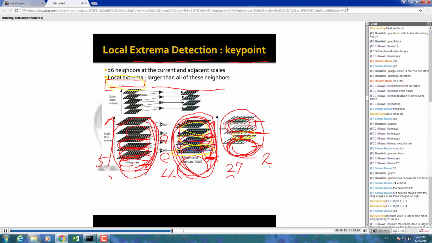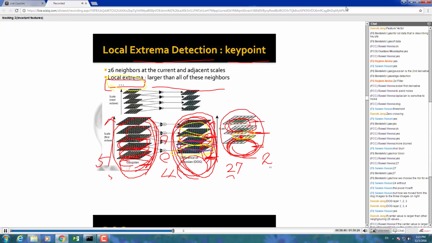Isn't that a very expensive task to do all this pyramid image subtraction? Yes. In this process, we have to construct the pyramid, subtract, and calculate the local extrema. So I agree, this process of feature extraction is a very expensive task.